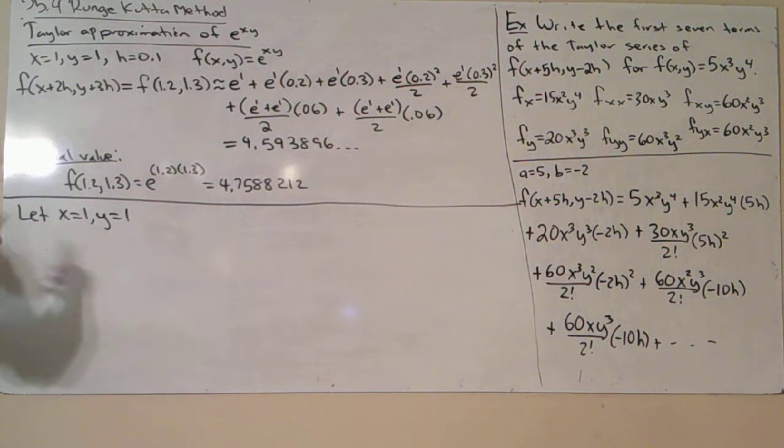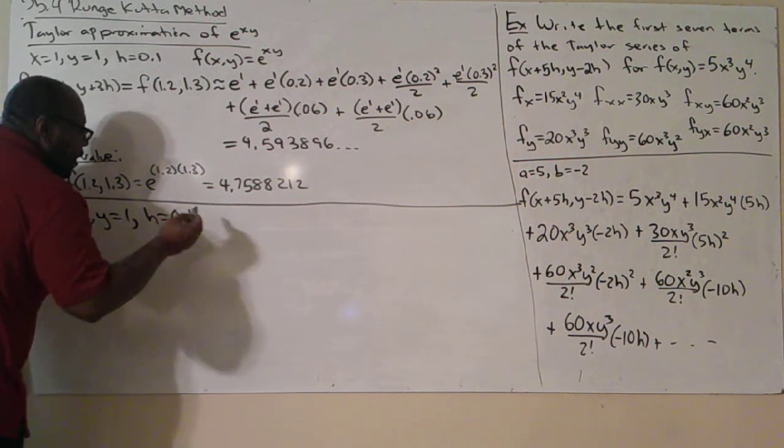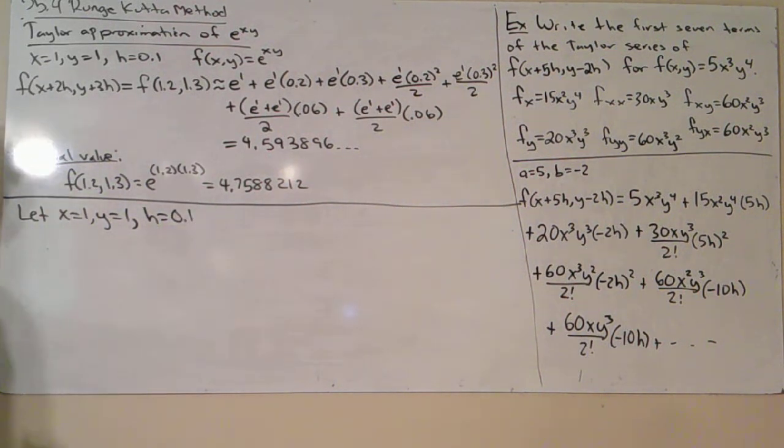Of course, we can let x and y be whatever values we want them to be. I'm just choosing x and y to be 1, just because it's easy to do the math. And h equal to 0.1. Again, I could let h be whatever I want it to be, but just for the sake of keeping the math easy, and my board is not that big. But again, I could let x and y be whatever I want.